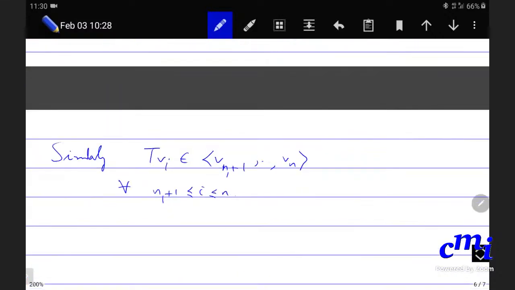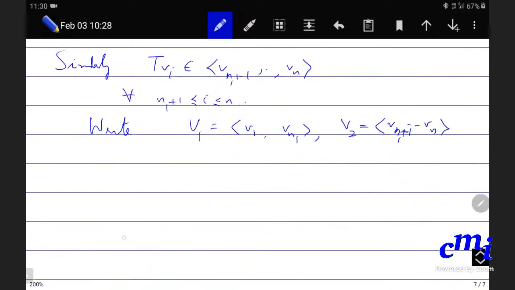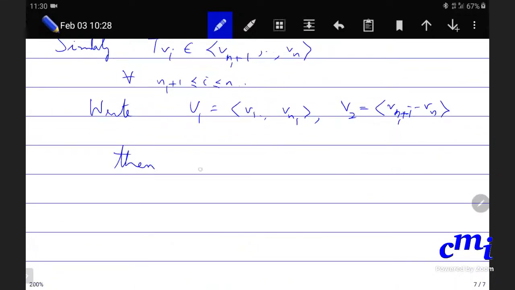So in other words, if you define V1 to be the span of the first n1 vectors and V2 to be the span of the remaining vectors, Vn1 plus 1 through Vn, then V is the direct sum of these two things, and TV1 is inside V1, TV2 is inside V2.